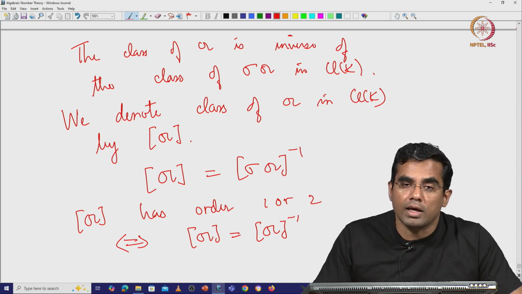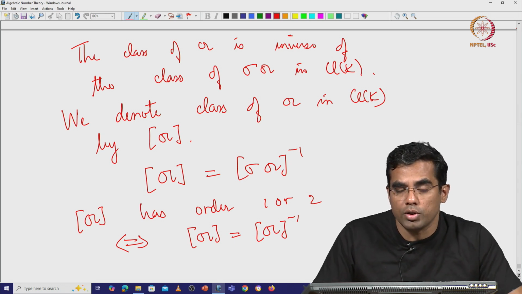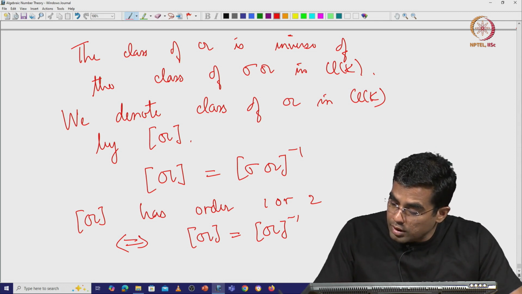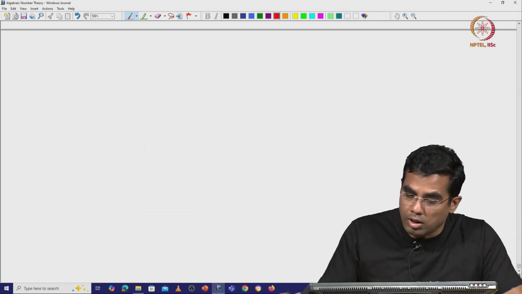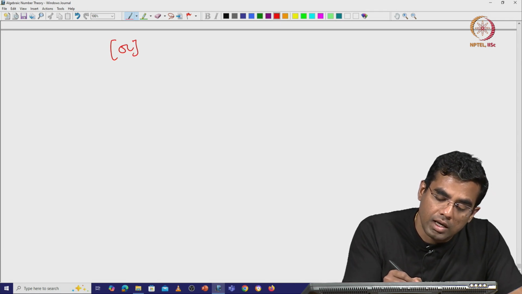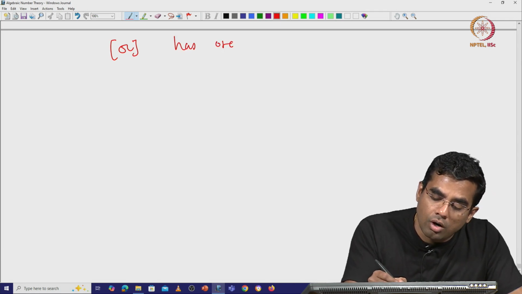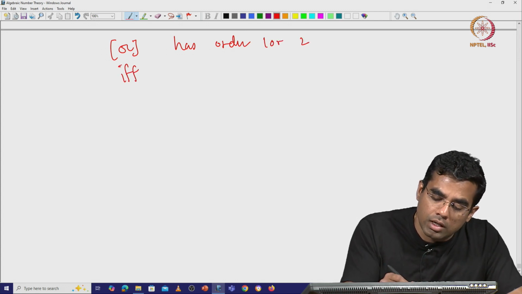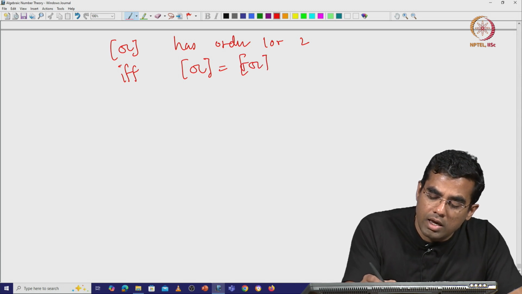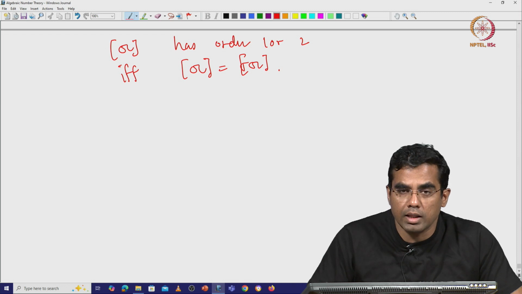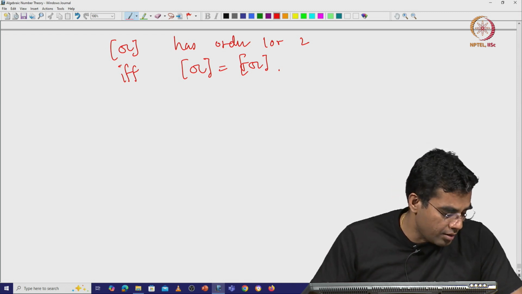Of course, that happens for the identity element, but it also happens for order 2 elements, that is why I said 1 or 2. And so, [A] has order 1 or 2 if and only if [A] and [sigma A] denote the same ideal class in the ideal class group of K.